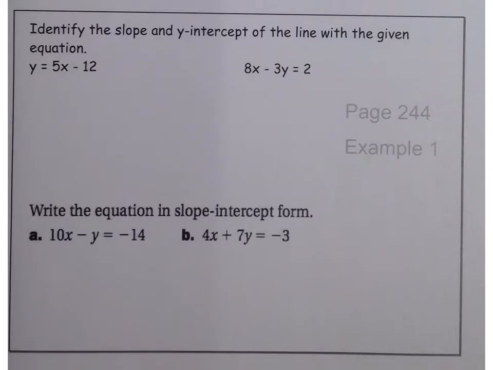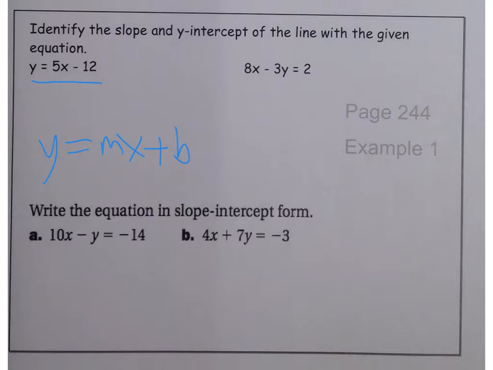So if you look up here, we've got this slope and y-intercept is what we're looking for in this equation right here. So it is already in that form, y equals mx plus b. So we're looking for what the slope is.